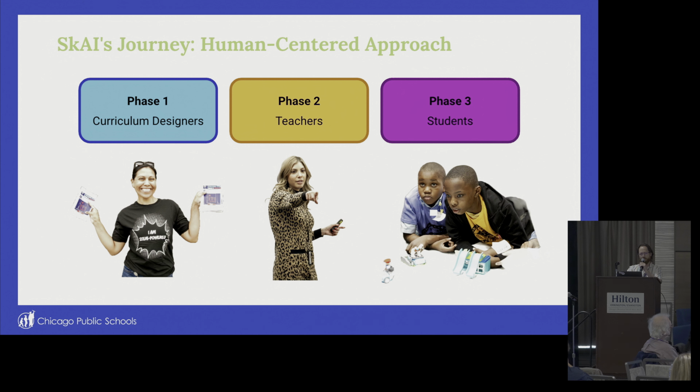We gave it the nickname Sky because Skyline and AI, so obviously, and we're working on this project in 3 phases. Right now we're in phase 1, and we're working not to reach those couple hundred thousand students, or those tens of thousands of teachers. We're working to serve a group of about 25 amazing curriculum designers that work in my department.